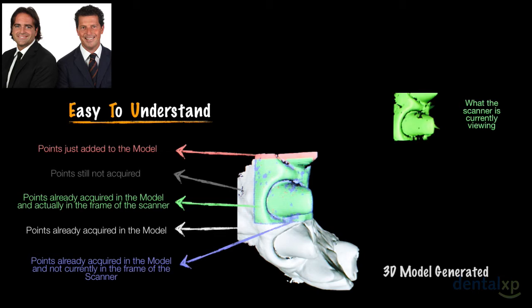We have, of course, some black holes that are the points that are still not acquired in our scan, and we have this big green area in the middle of the 3D model generated that are basically the points that are already acquired in the model and actually are in the frame of the scanner. At the end of this green area you can see a blue frame, and this blue frame are basically the points that are already acquired in the model and are not currently in the frame of the scanner.